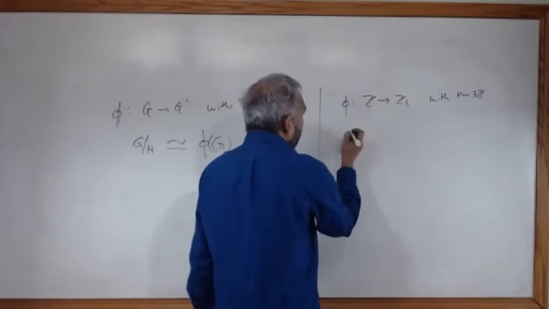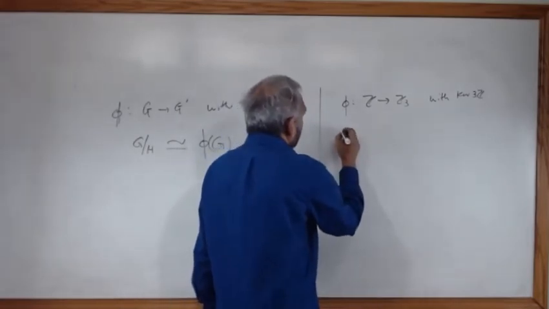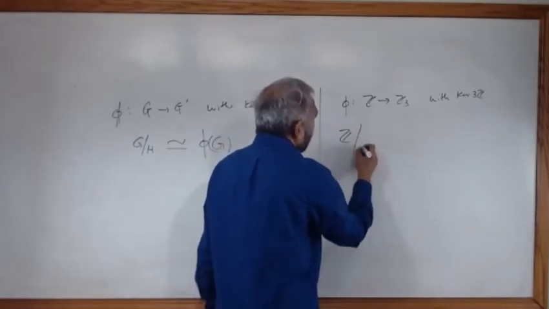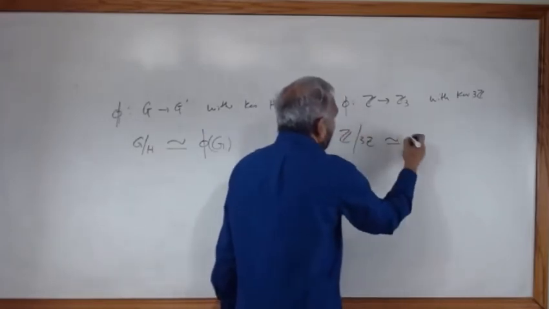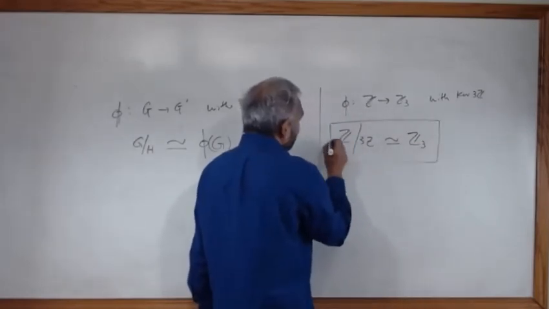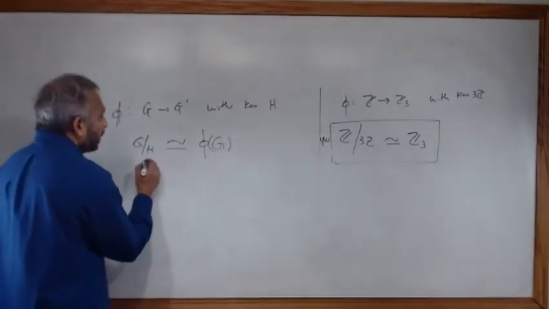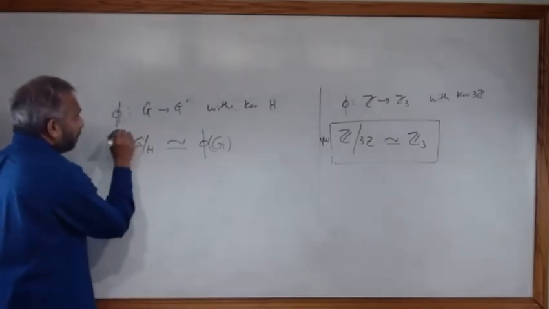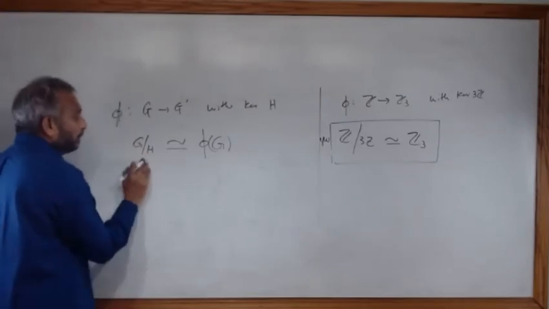Then we found that the factor group or quotient group Z over 3Z is isomorphic to phi of Z, and that is again Z3. And this isomorphism is our mu. So this is a very important result. If you are building the factor group using a homomorphism, this is always true.